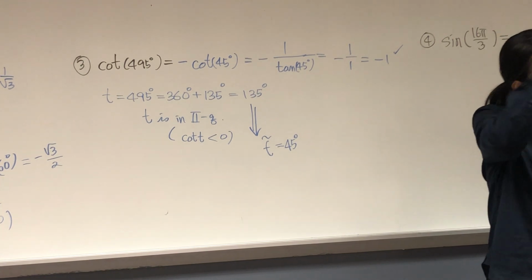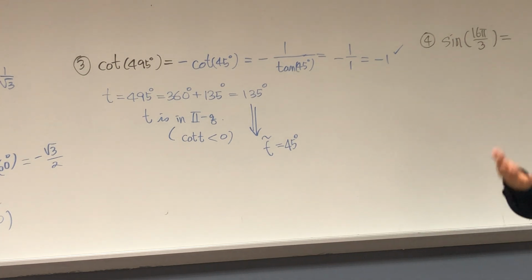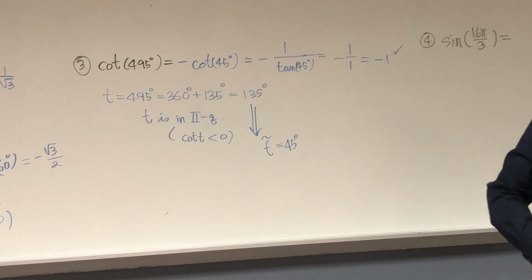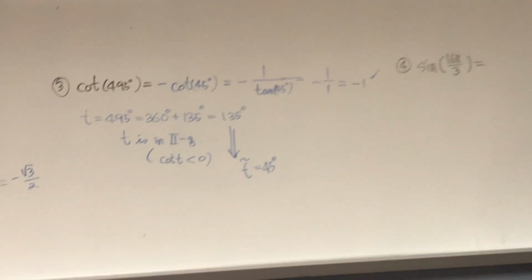One revolution is 2 pi, yes, but you have a denominator 3. So 2 pi is equivalent to what? 6 pi over 3. But this is still big. What is 2 revolutions? 12 pi over 3. What is 3 revolutions? 18 pi over 3, but this is bigger than 16 pi over 3.